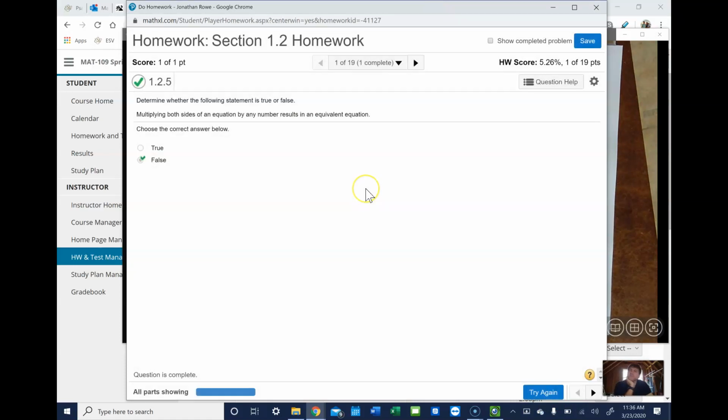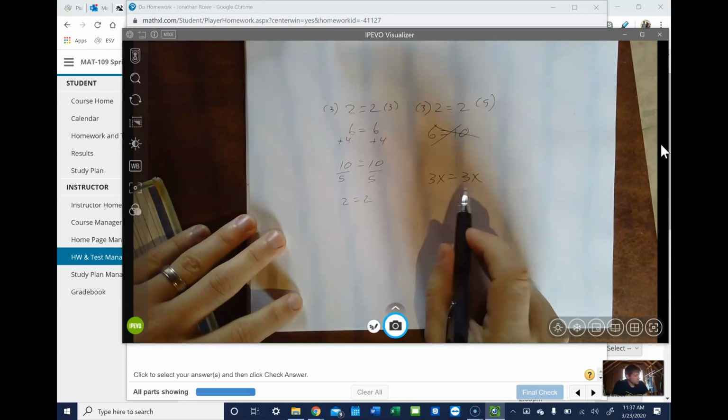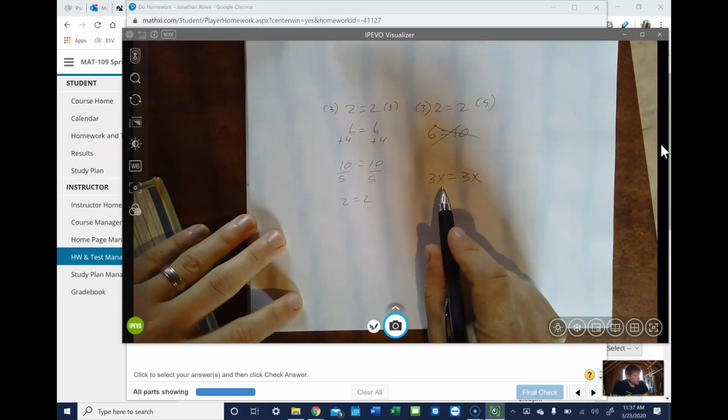Next question. An equation that is satisfied for every value of the variable for which both sides are defined is called a what? All right. So let's say we had 3x equals 3x. Let's plug 1 in.